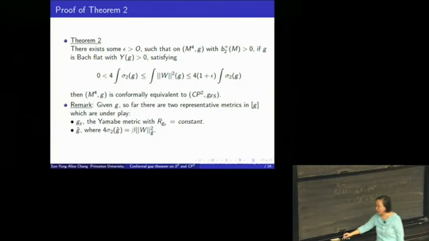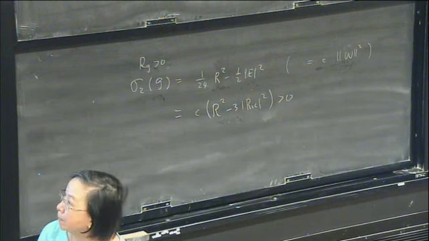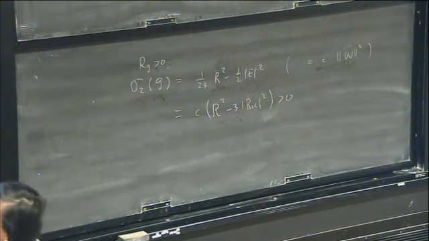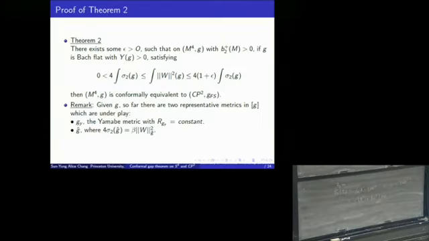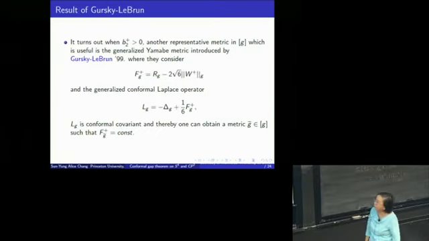It turns out this control is provided by some work of Gursky and Bourguignon. So we are going to use this condition b2 plus positive to have another control of the conformal class, using the work of Gursky.